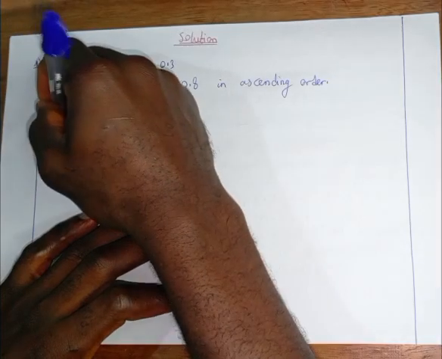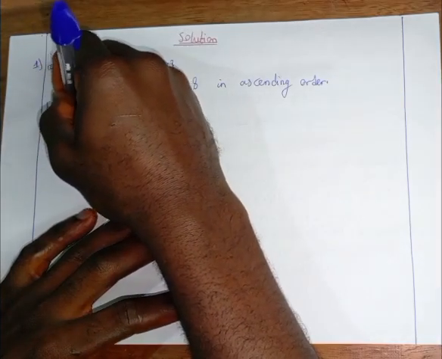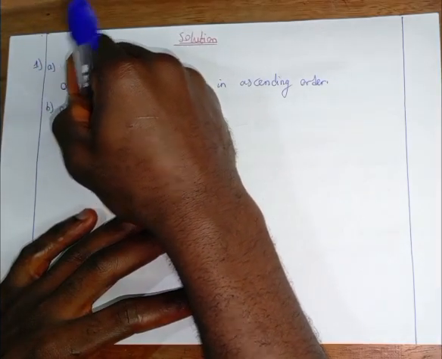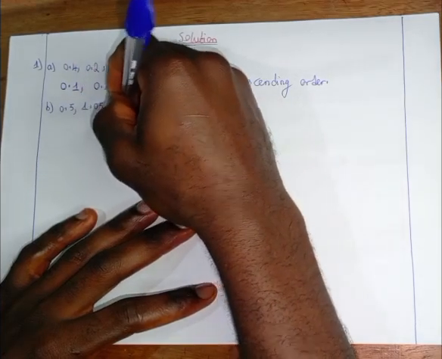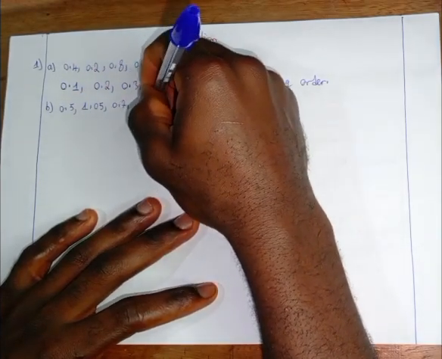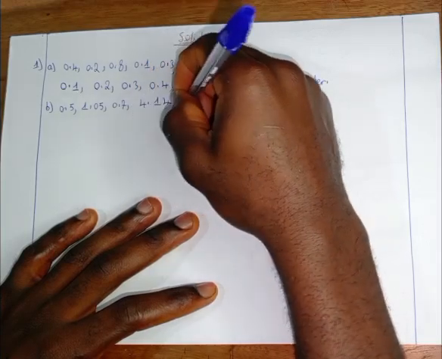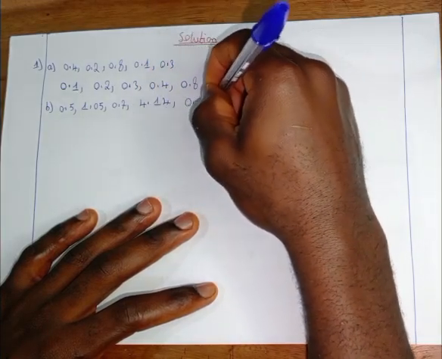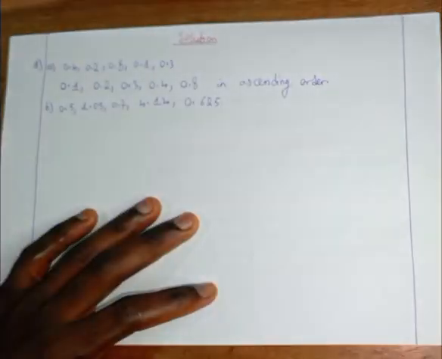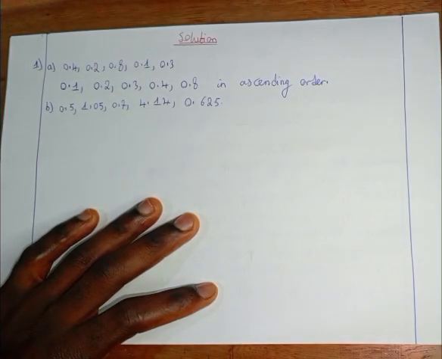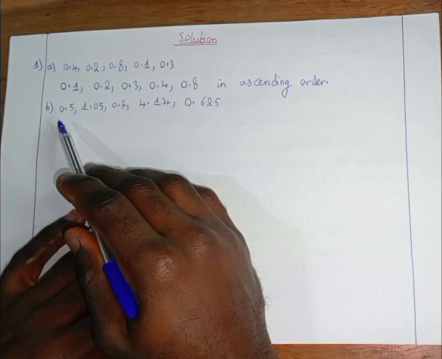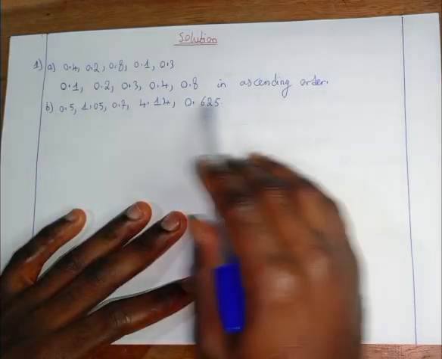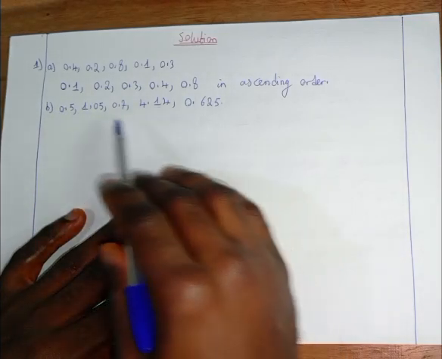For B, we have 0.5, 1.05, 0.7, 4.14, 0.625. In this case, you see that their whole number parts are different. For us to get the smallest here, if we compare their whole number parts, we have 0, 0, 0.